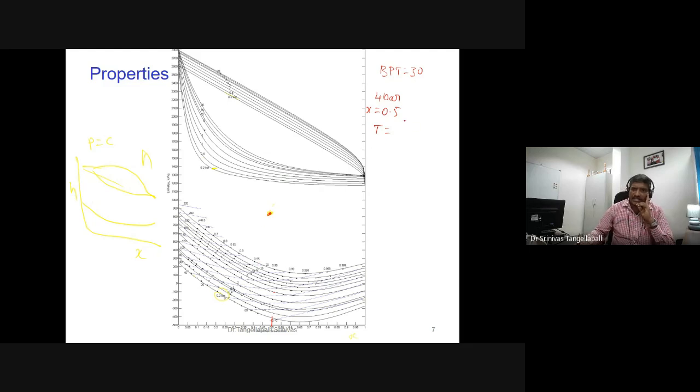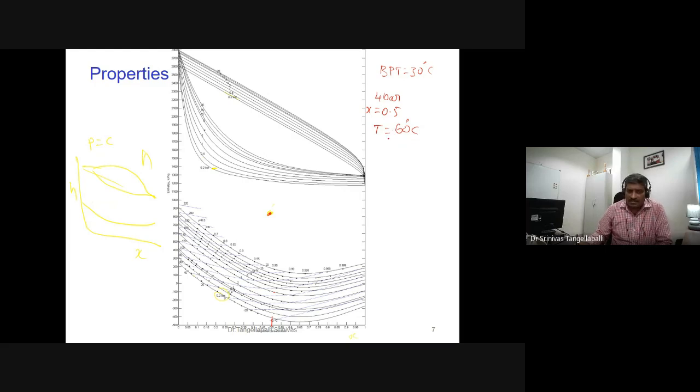Okay, let me take a sample temperature around 60 degrees centigrade. I'm taking the temperature as 60 degrees centigrade, assuming this temperature is between the bubble point temperature and dew point temperature. Okay, so how to solve this problem?